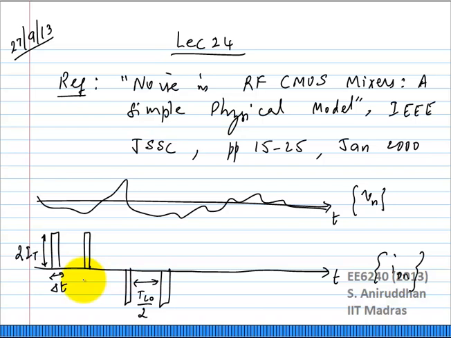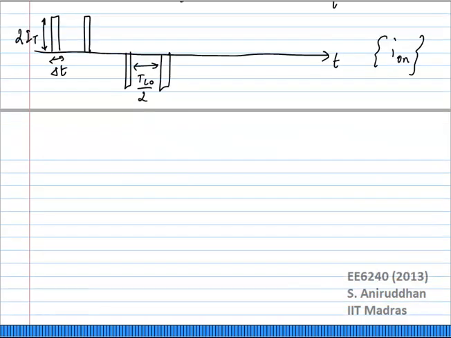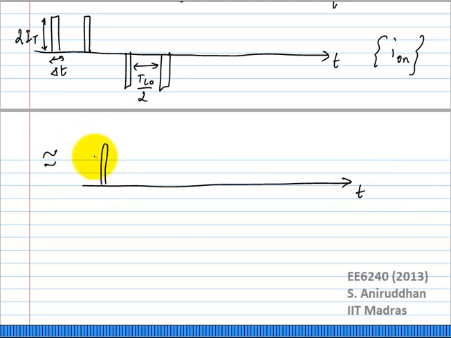Now what we are going to do is we are going to replace this pulse of a constant height but varying width by a set of pulses of constant width and varying heights, such that the same amount of noise is observed. So we are going to say the width of these pulses is constant, Ts.